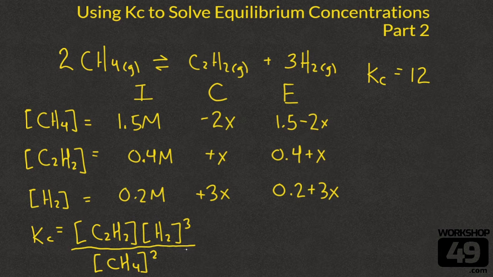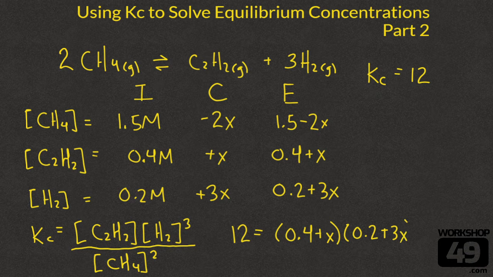Great. Time to solve what these equilibrium concentrations are going to be. Once we have our equilibrium expression, we must fill in our equilibrium values. We know our Kc. That's a 12. It's going to equal our concentration of C2H2, that's 0.4 plus x, multiplied by our concentration of hydrogen, that's 0.2 plus 3x cubed.